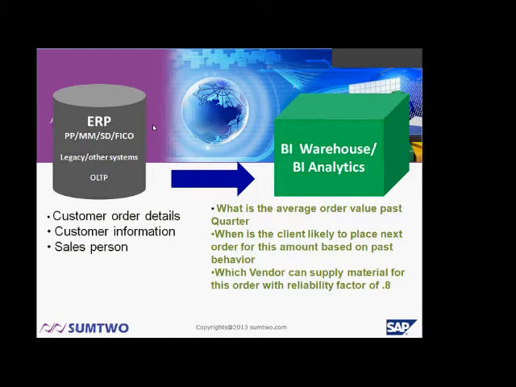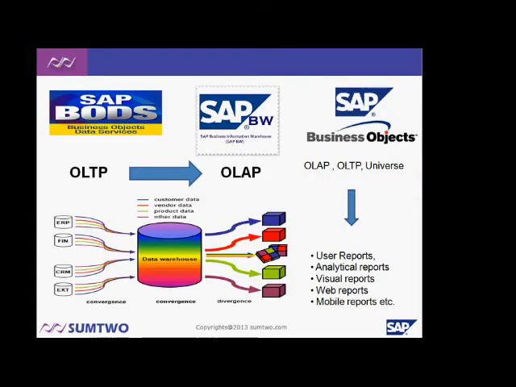The OLTP data is represented in the form of cylinders, whereas the data which are used for analytics is represented in the form of cubes. This process is basically a two-step process, where in the first step we convert the OLTP data into OLAP data using SAP BI or BW.